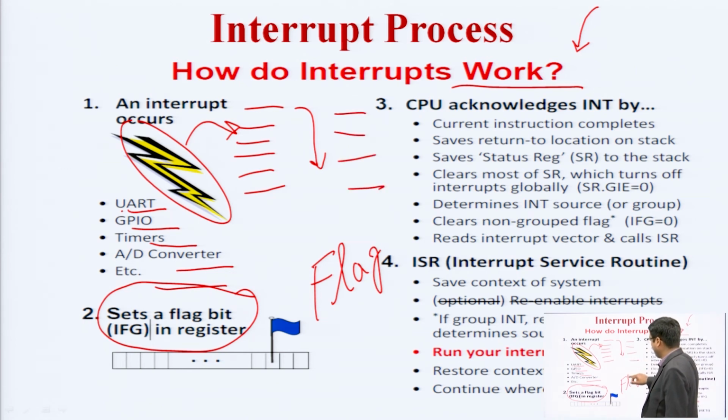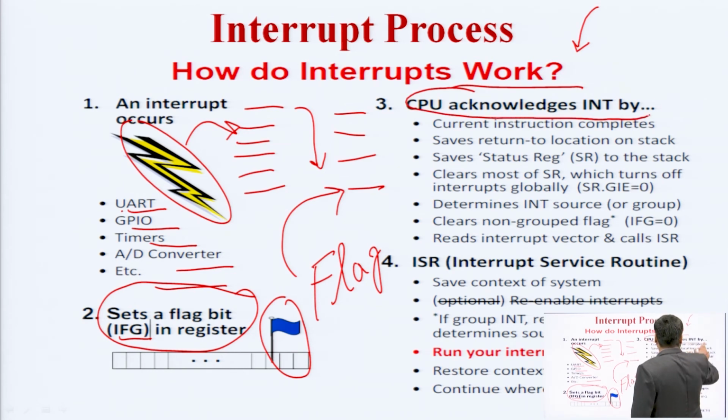This is the indication. The flag gives us the indication that something has occurred, and for that the associated flag will be high. So the interrupt flag register will be high. After that, the CPU acknowledges the interrupt once the current instruction completes.